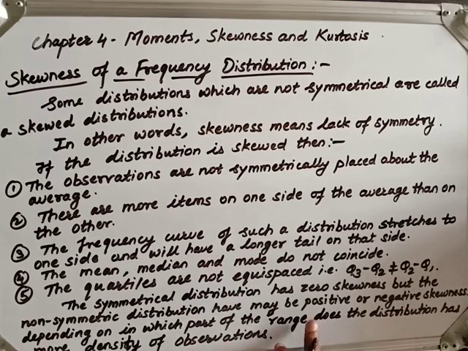Here you should remember only that in a non-symmetrical distribution the skewness may be greater than 0 or less than 0. That's why there are two types, positive skewness and negative skewness. Okay, so we will stop here for today. Thank you.